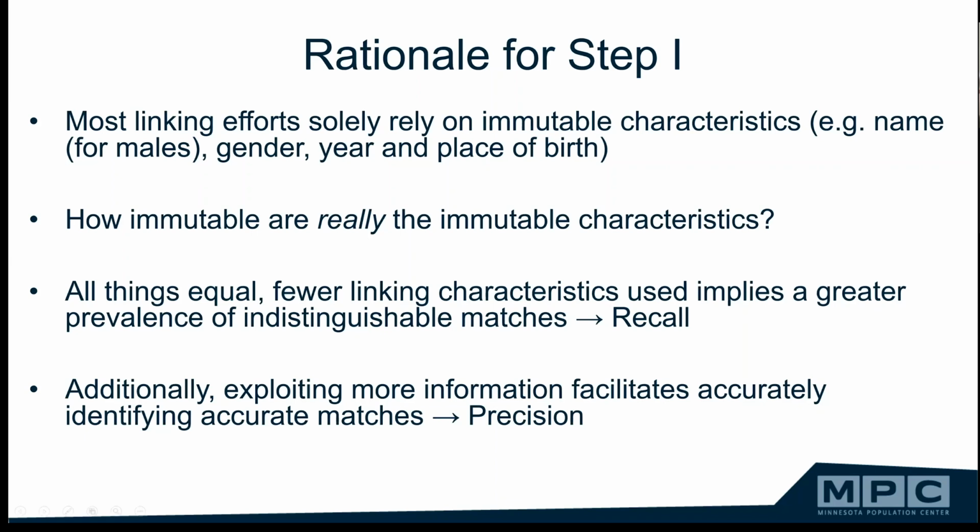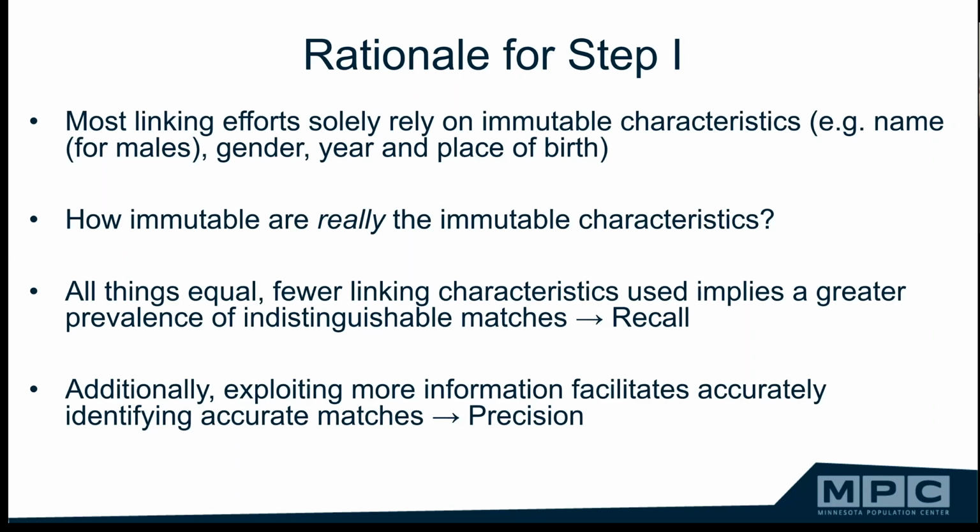Additionally, exploiting more information facilitates accurately identifying matches, which is something that should enhance the precision of our links. So our hope was that through using a more extensive set of characteristics, we would not only obtain more accurate links, but we would also be able to get more links.